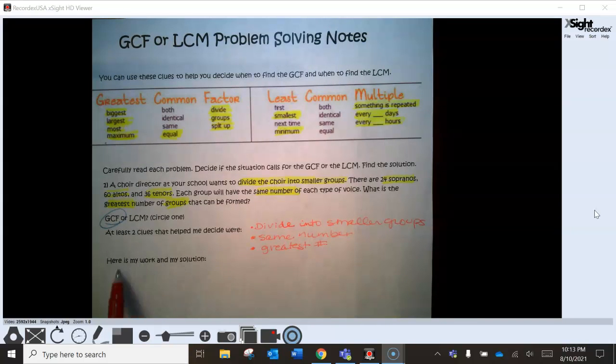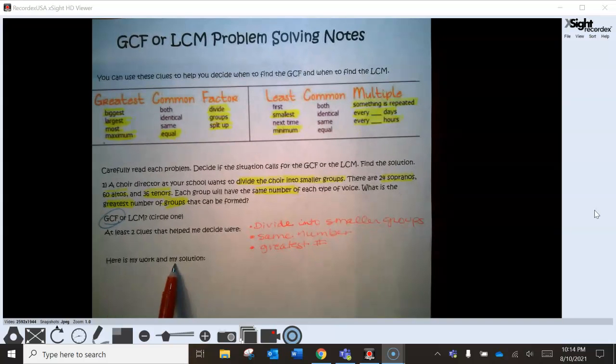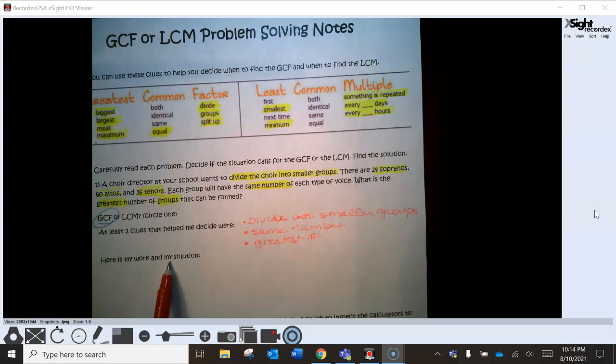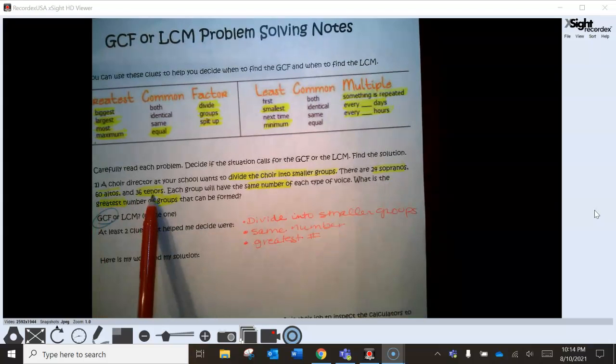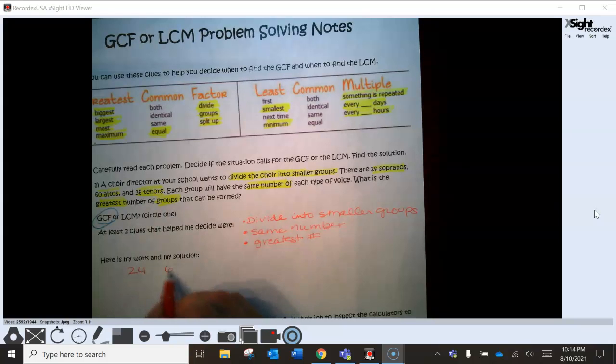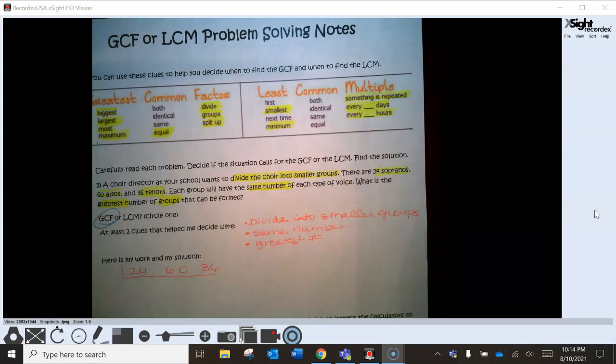So now we have to work out the solution. Well, what are the things that we have? We have 24 sopranos, 60 altos, and 36 tenors. So you use those numbers, and we find the GCF. Remember, we're going to use the bobsled.